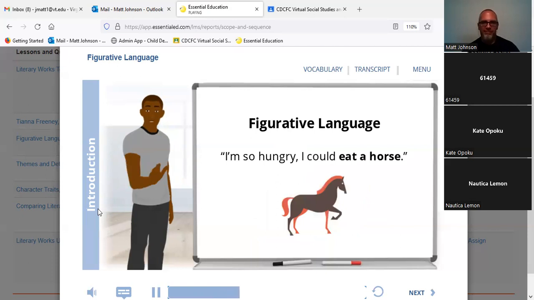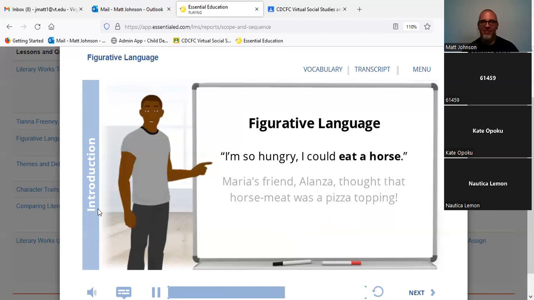That's figurative language. I wasn't literally thinking of eating a horse. I was just sort of joking that I was hungry enough to eat a horse. Almost everyone at the table had heard the expression before, so they knew that I wasn't serious. They knew that I wasn't literally going to eat a horse. I was speaking figuratively. Not everyone got the joke, though. Maria's friend, Alonza, seemed to think that horse meat was a pizza topping, and she didn't like the idea.